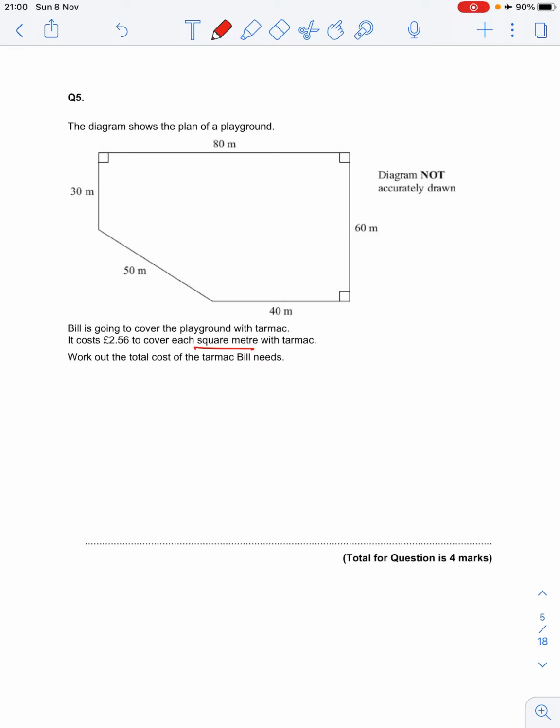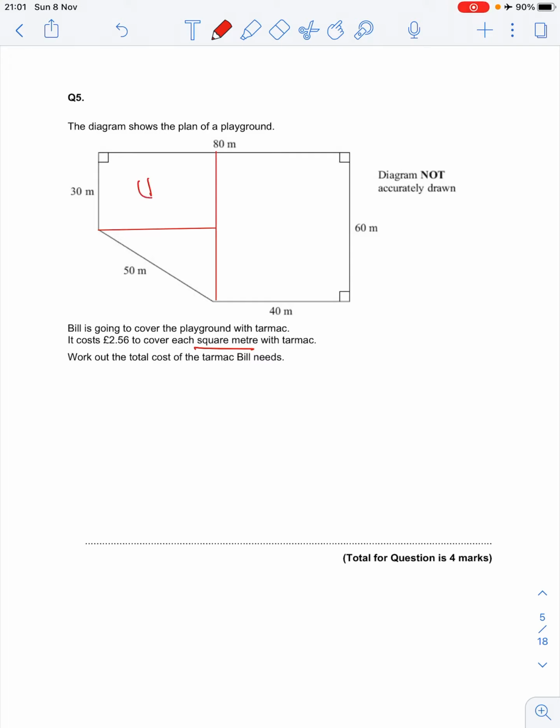For this question, you need to recognize we can split this shape into a trapezium and a rectangle. Or you can also split the trapezium into a rectangle and a triangle. So I'm going to split this into rectangles and a triangle.